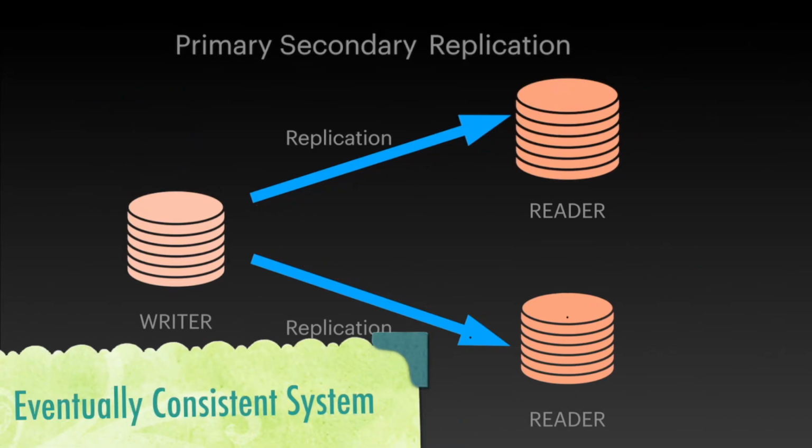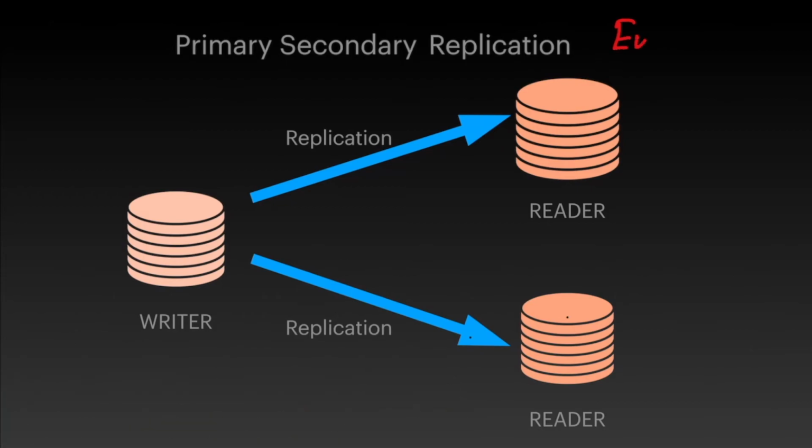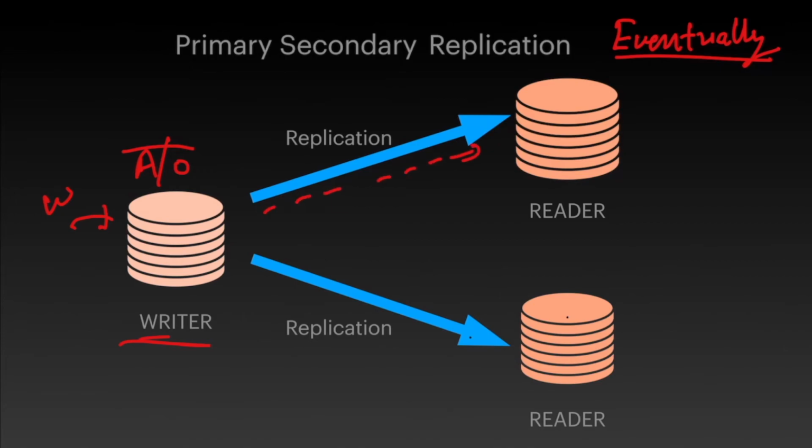Now let's take an example of an eventually consistent system. Let's say there is a write operation on a writer. We had a query that wrote a record a is equal to 0 into the writer. The writer will write the record on itself and will ask the readers to update their records to a is equal to 0.